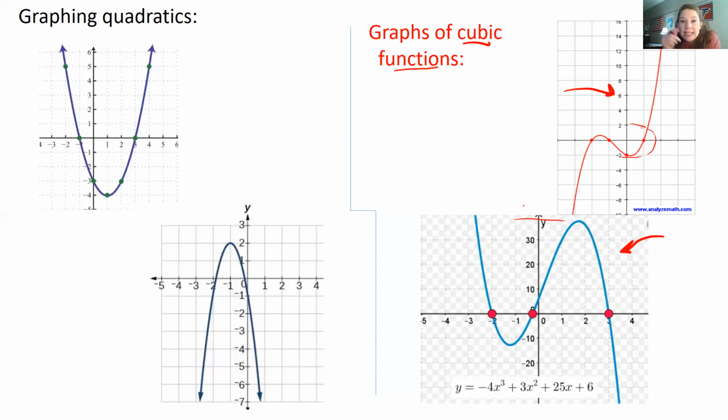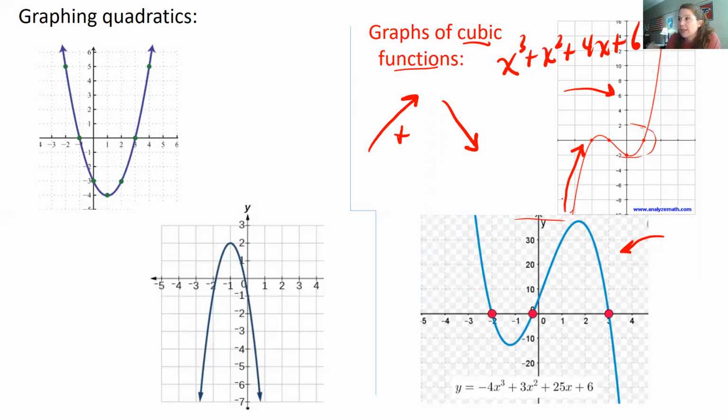Now, the leading coefficient, so remember how positive slopes go up and negative slopes go down. If the leading coefficient is positive, the beginning part of your function is going to go up and to the right.